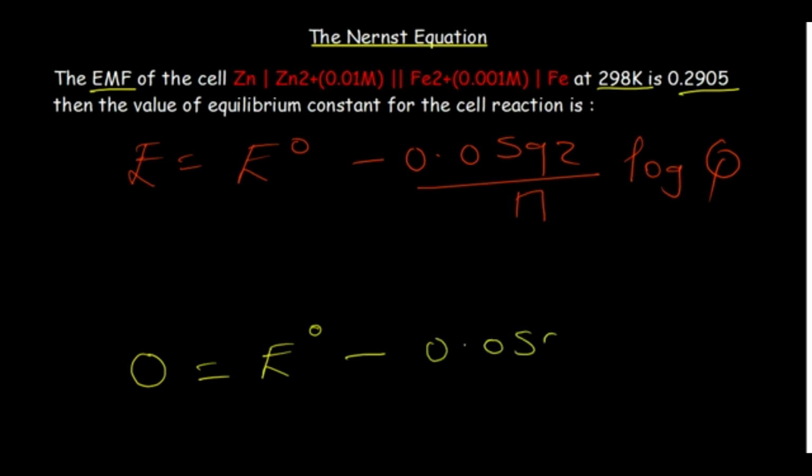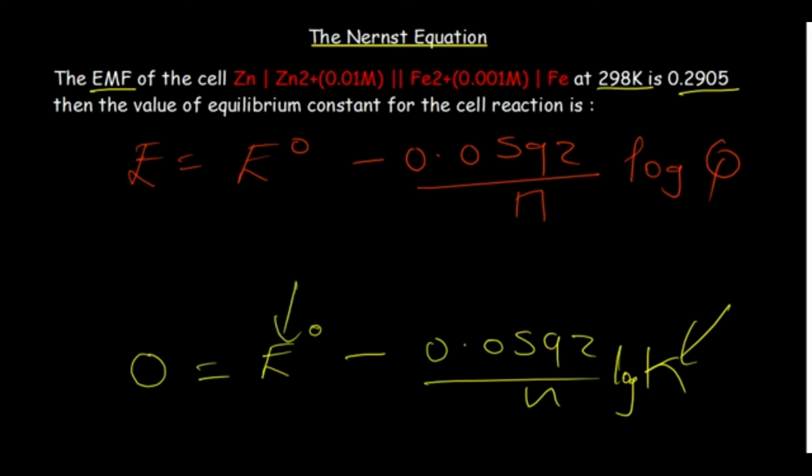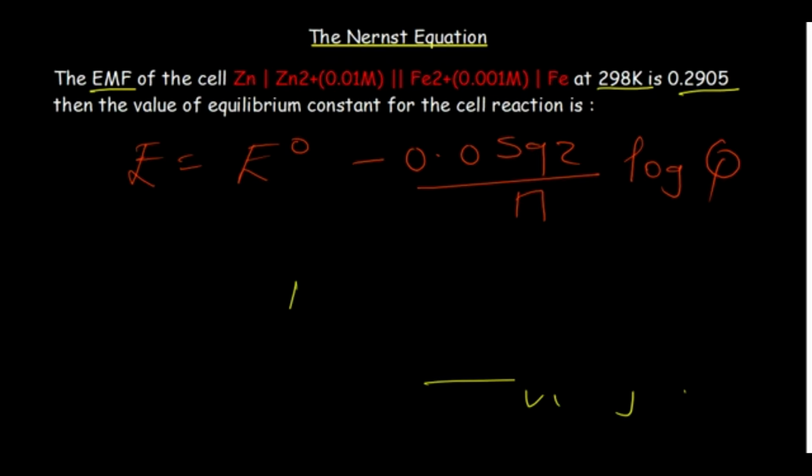So this will be the remaining part of a form of the equation when we are dealing with the log of K, the equilibrium constant. We want to find the value of K. Notice that we would need to use the value of the standard cell potential, so we would need to calculate it beforehand.